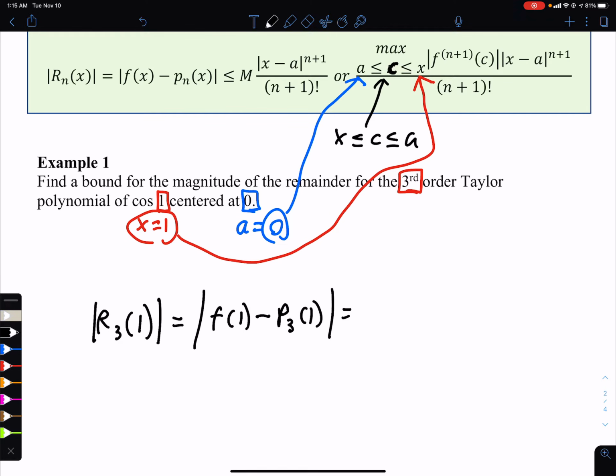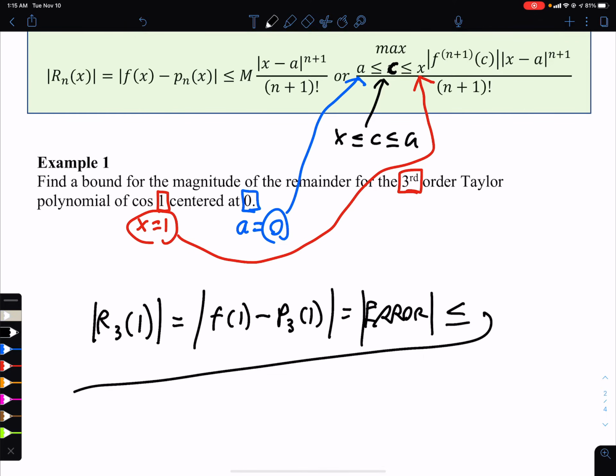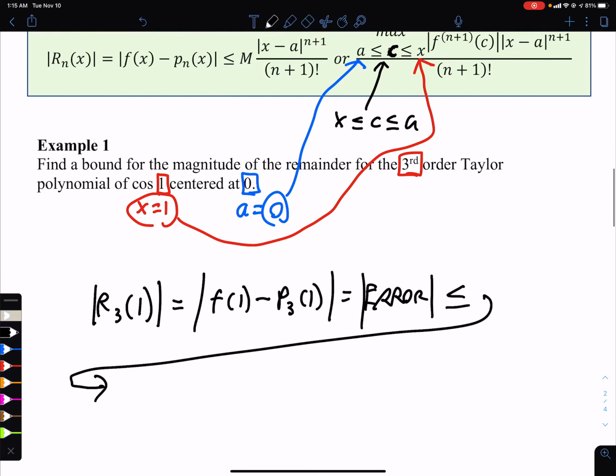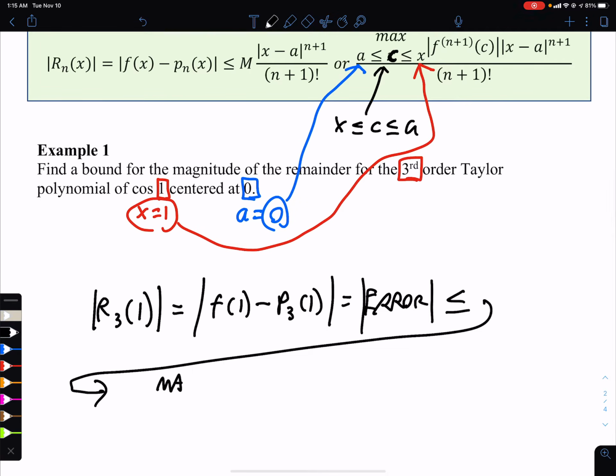I'm going to write it another way. We could say just error. That's allowed to be said. And that's going to be less than or equal to, and I'm out of room, so that's ugly. I'm going to write it as this. The maximum value for any c between 0 and 1 inclusive, you have to include those, of the fourth derivative at some c.